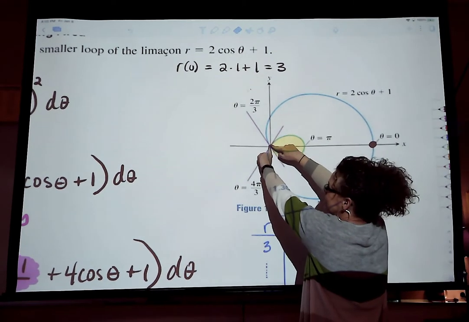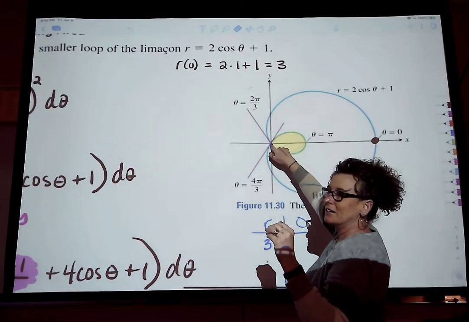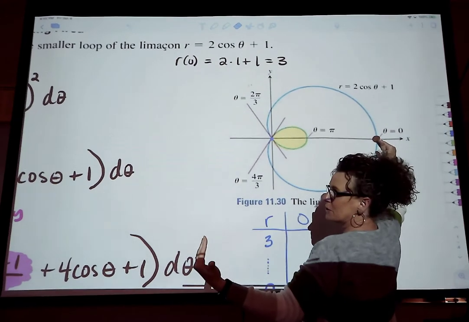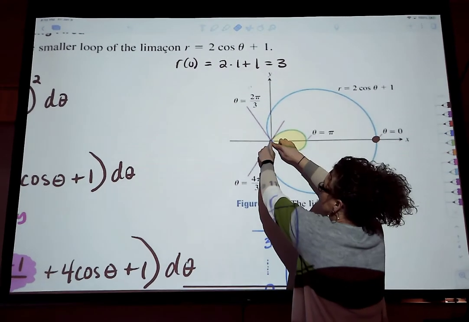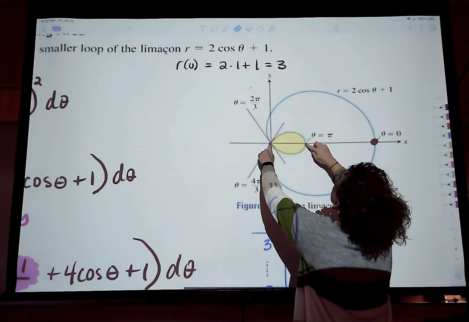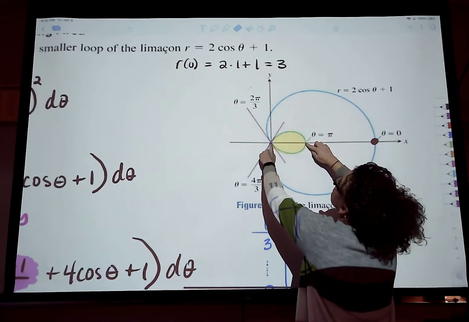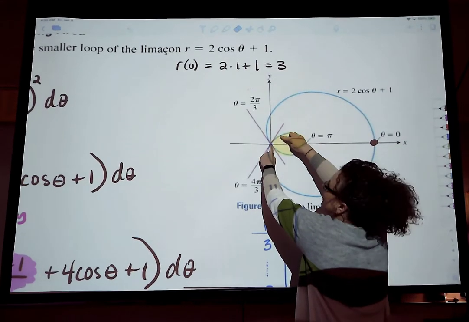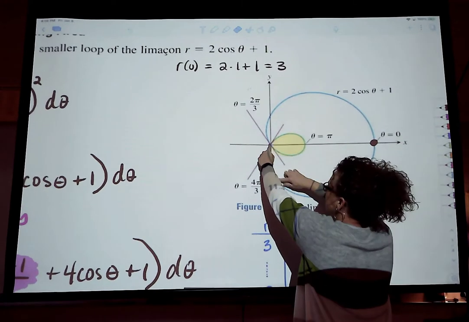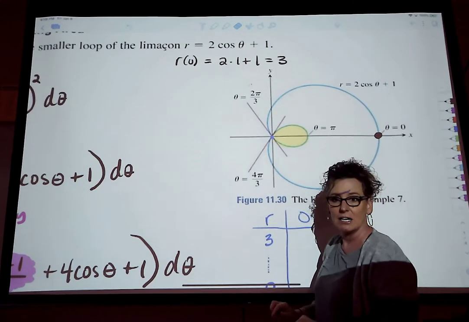So you see R starts out being 3, and then it's 0, and then it's something, and then it's 0 again, and then it's going to work its way back up to 3.